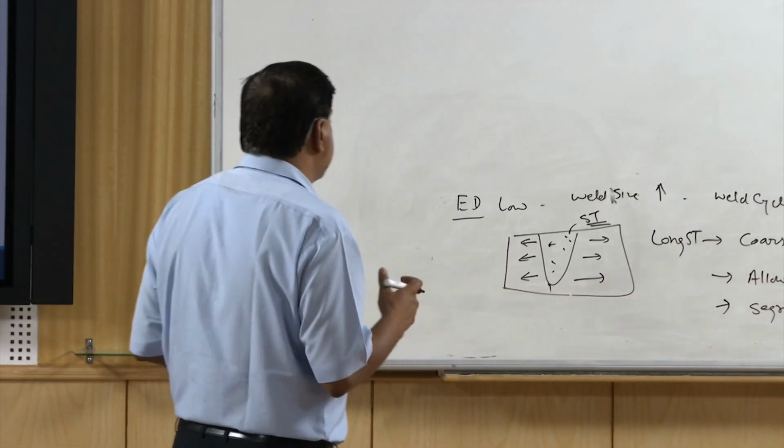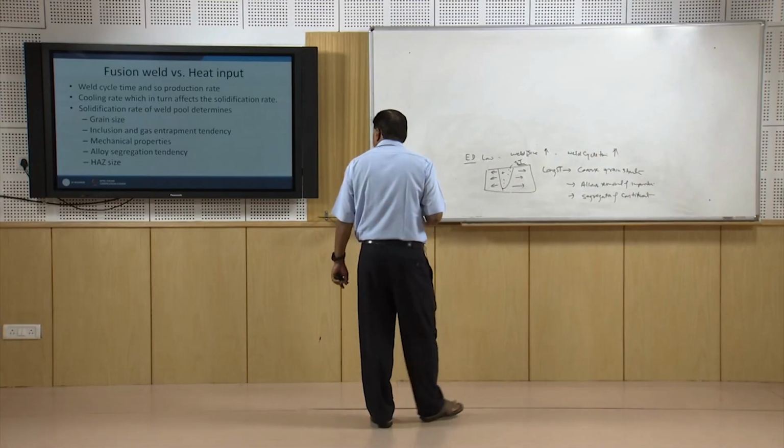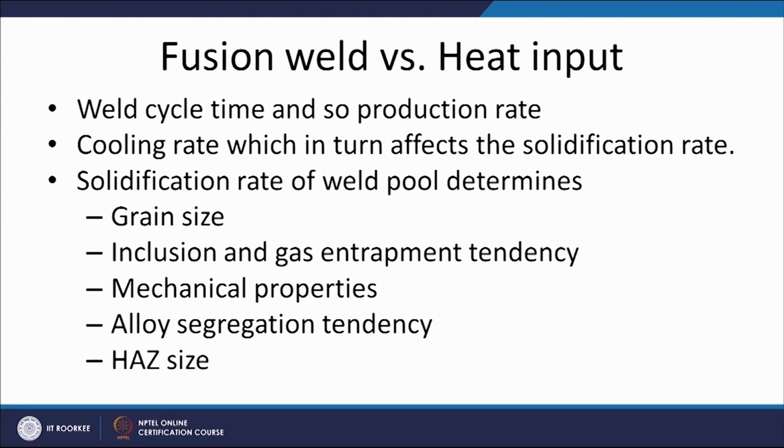So it will increase the tendency for segregation. And then if the coarse grain structure is being formed, it will result in poor mechanical properties.